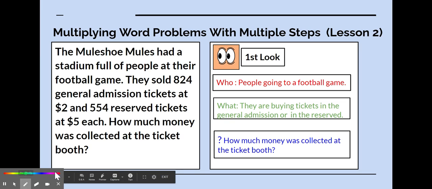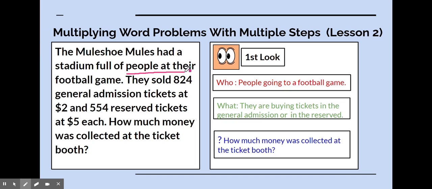So, we should have noticed who is our story about? People. And they are going to a football game. And they are buying tickets. 824 of them bought general admission tickets at $2, and 554 people bought reserve tickets that were $5 each.